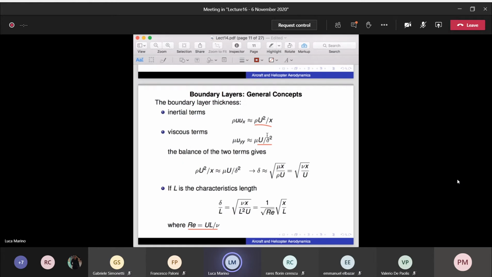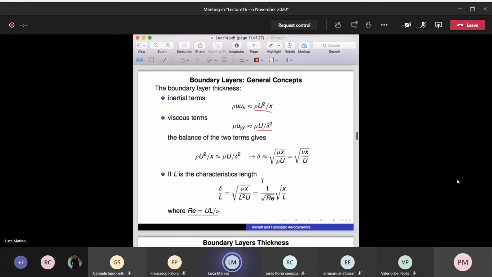So we have a slow and a fast variable. The slow variable is x. So what is going to happen along the stream direction, the x direction, will be very slow, and so we can almost neglect it, not exactly neglect, with respect to what is going to happen in the y direction, the direction normal to the body surface.